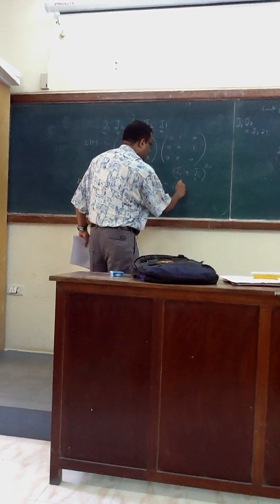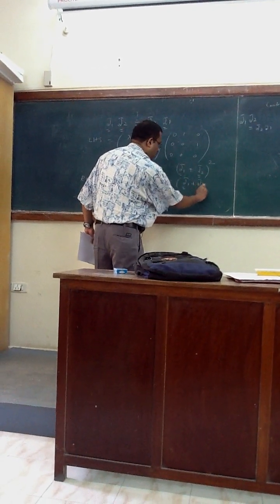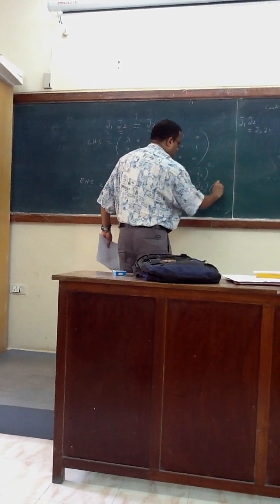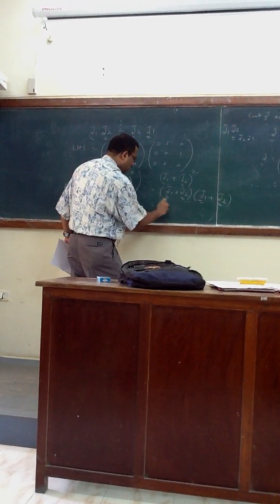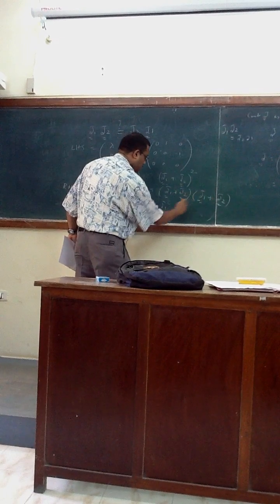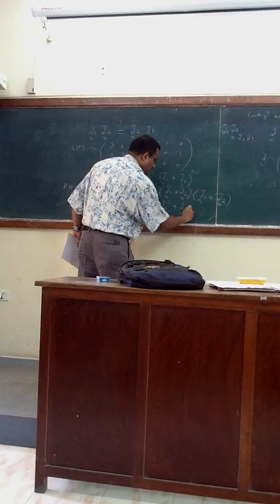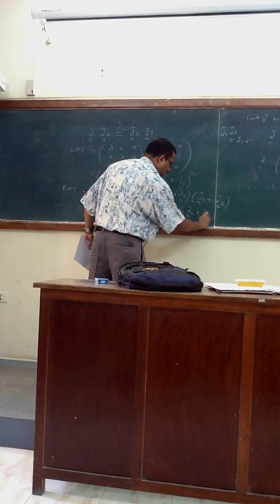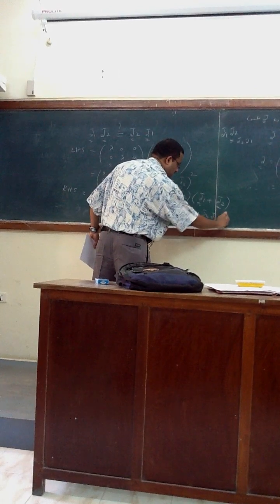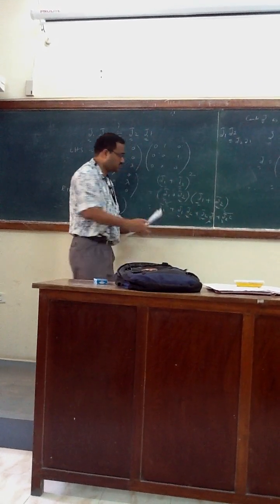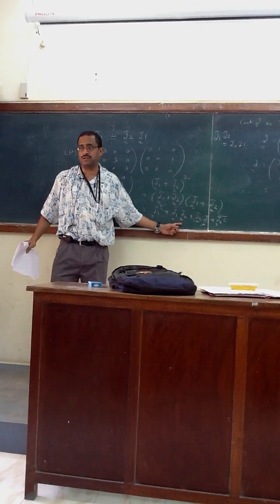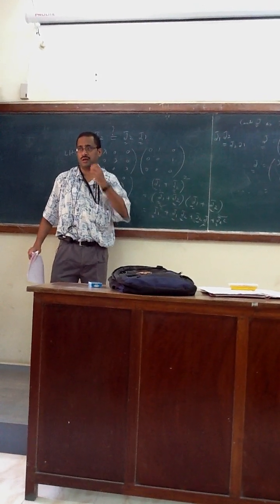No. The general step, if they don't commute, is to write it this way: J1 square plus J1 J2 plus J2 J1 plus J2 square. These terms are okay, but if they don't commute, you cannot write it as 2 J1 J2. I assumed they are commuting.